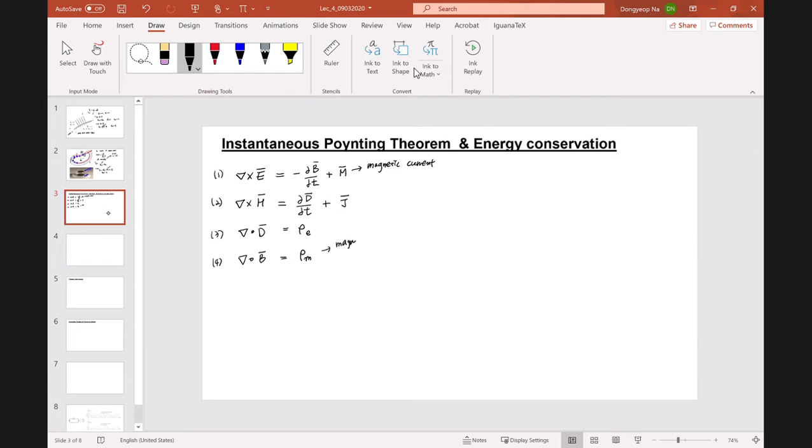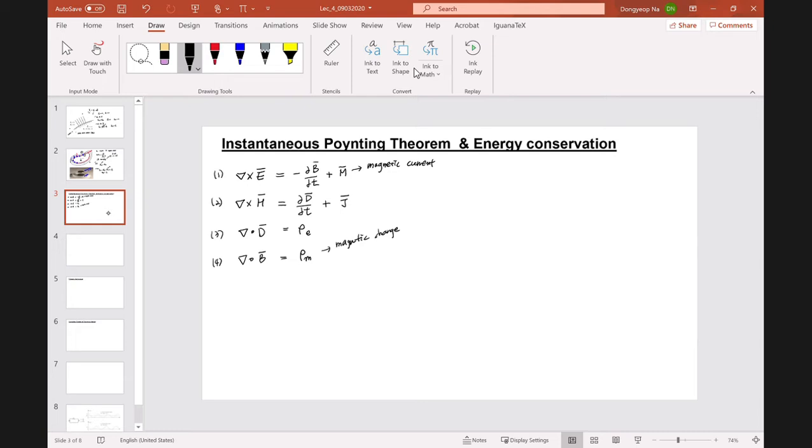So we have mathematically symmetric Maxwell's equations here. Then at the end of the manipulation, I'm going to manipulate these Maxwell's equations to derive the energy conservation law.